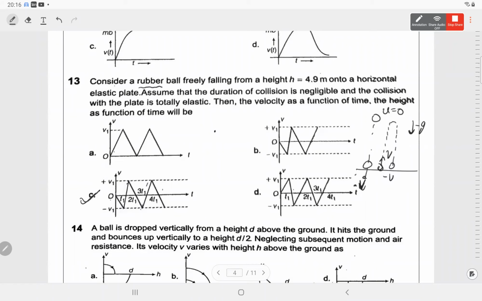Now because this is a rubber ball, it will take a little time. That's why this graph takes some time to go from +v to -v or -v to +v. A cannot be because it is always positive only. There's no change in direction.